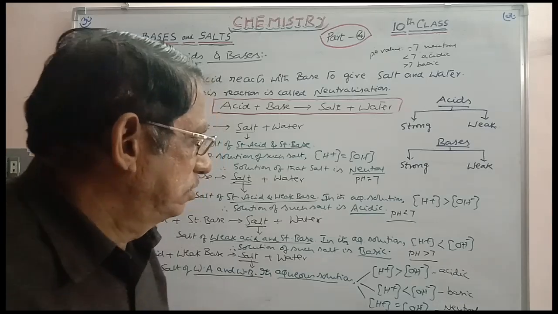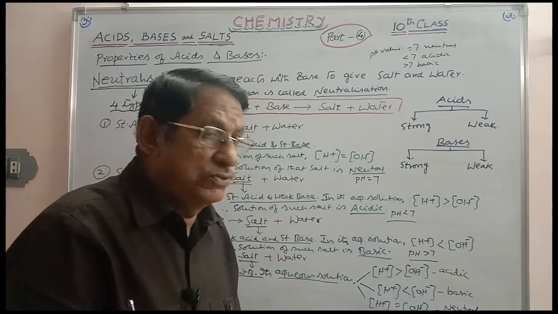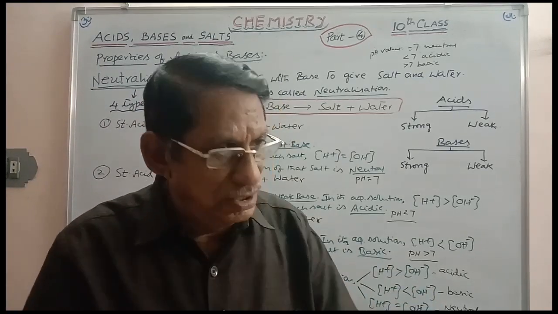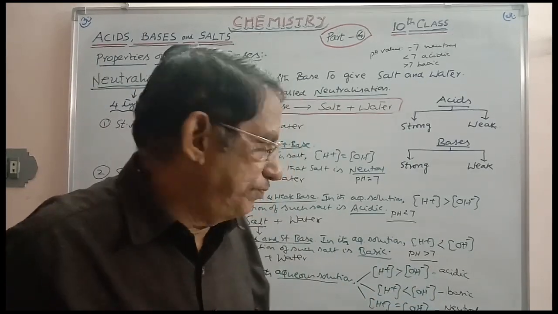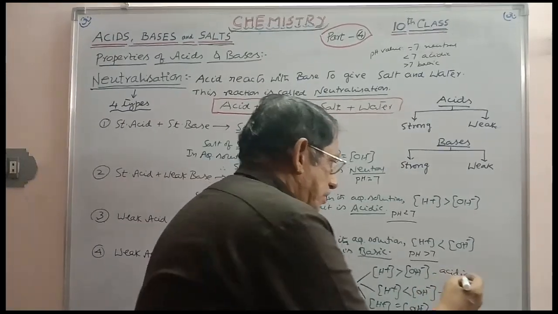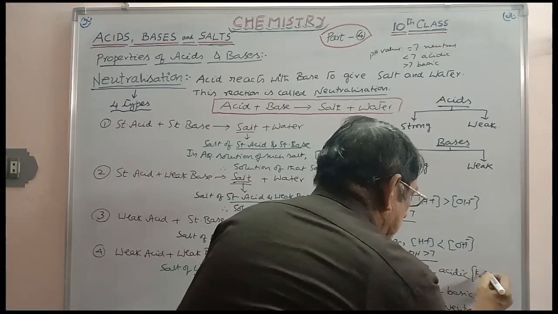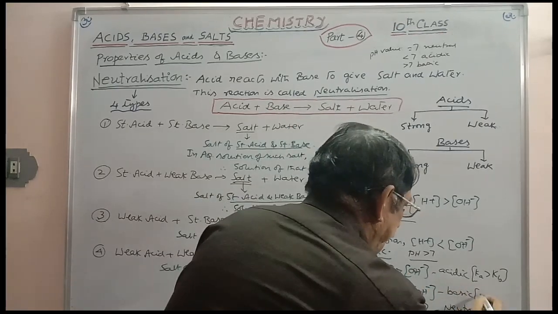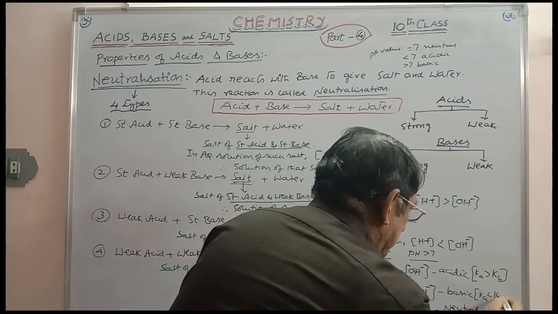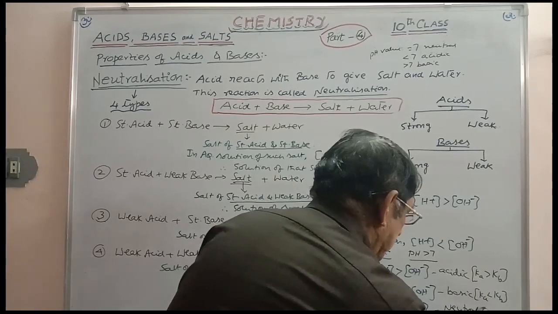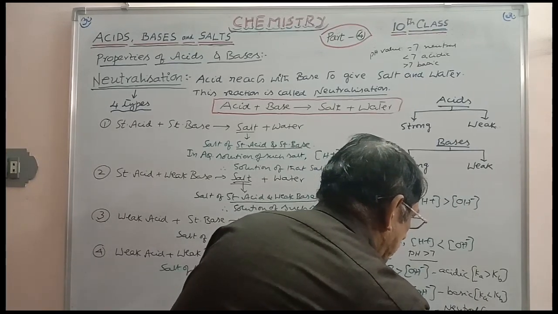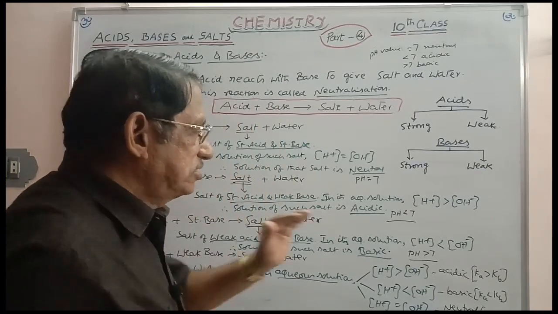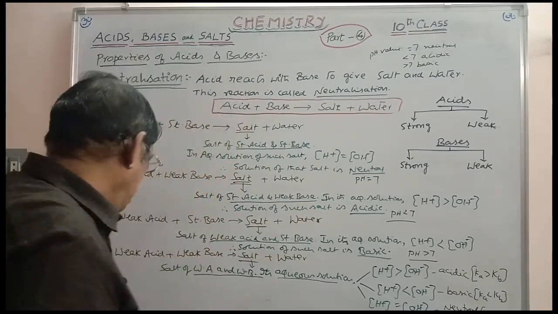All these are conditions you can also apply. And in this case, some conditions are required. You have to know the values of Ka and Kb, the dissociation constant of acid and the dissociation constant of base. If Ka is greater than Kb, this happens. If Ka is less than Kb, this one happens. If Ka is equal to Kb, this happens. Ka and Kb are called the acid dissociation constant and base dissociation constant.